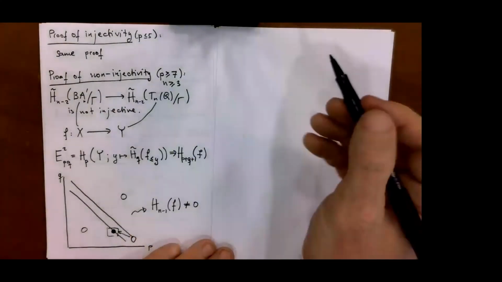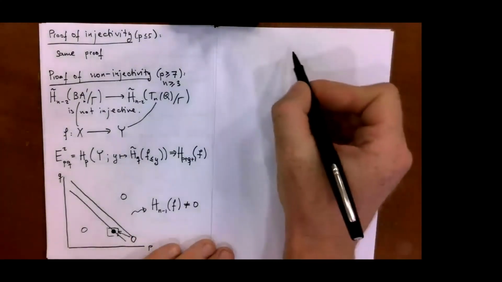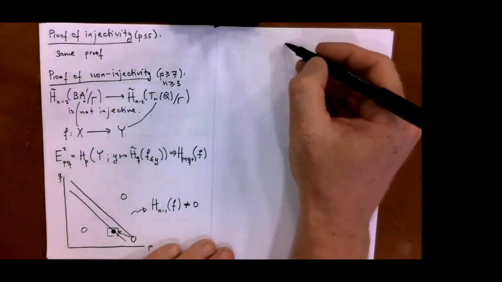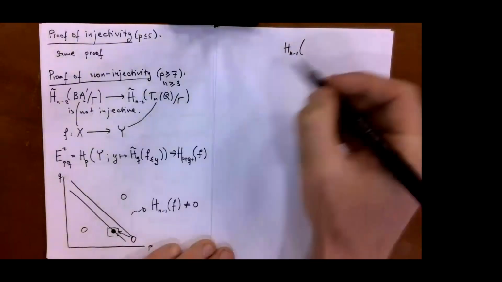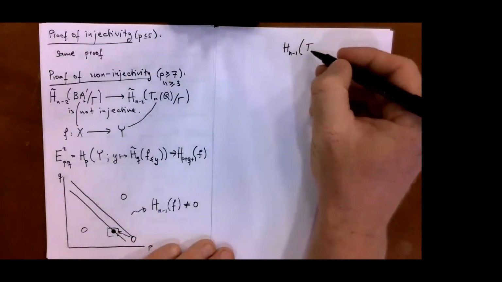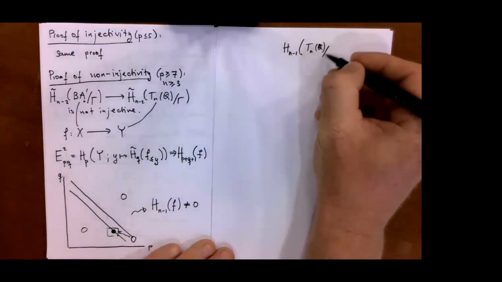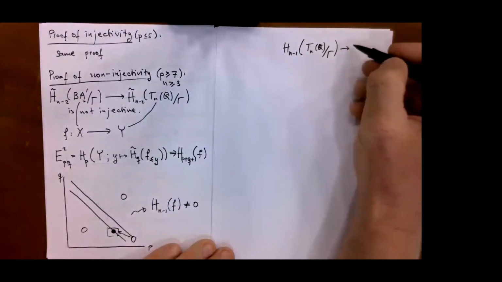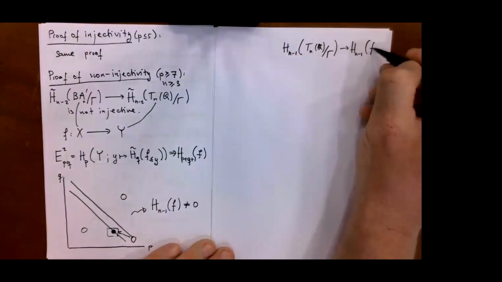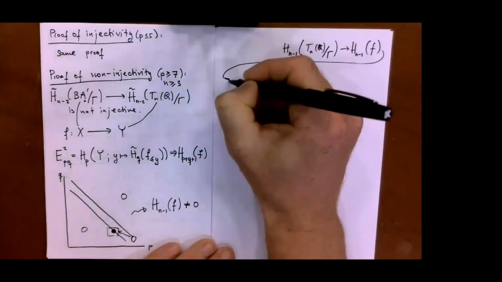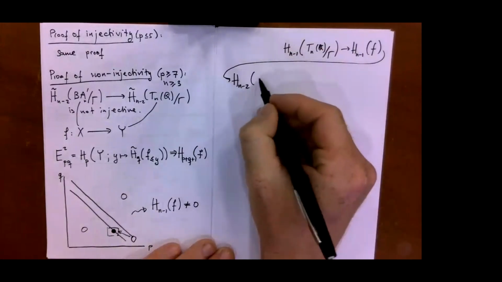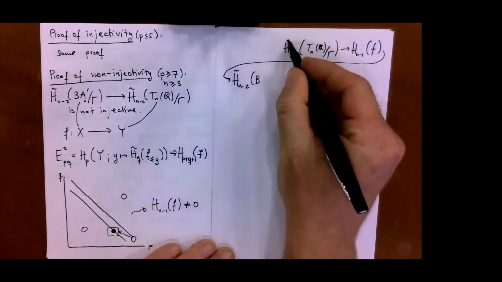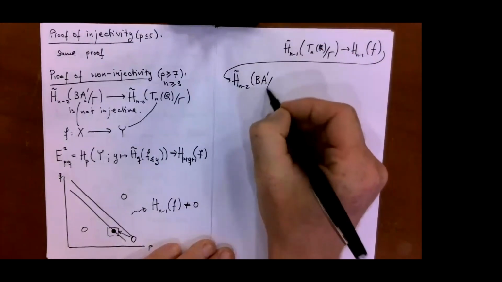So that means now in the long exact sequence, I have h n-1 of the Tits building mod gamma. Then I get to h n-1 of f. And then I get to h n-2 of, maybe reduced or something, of BA prime gamma.